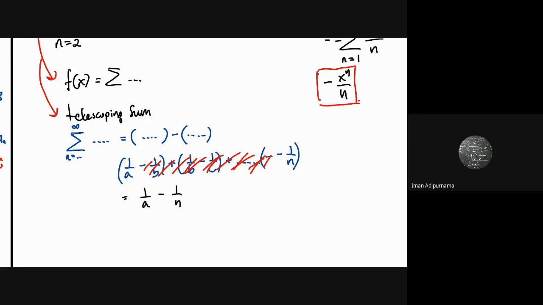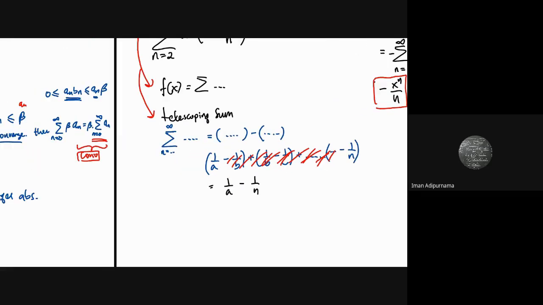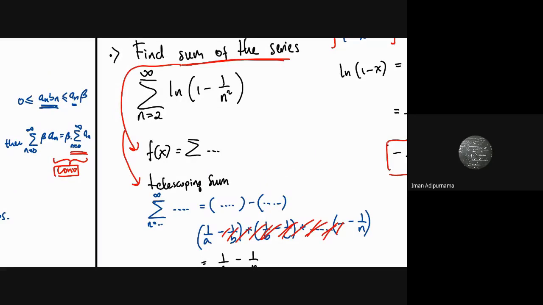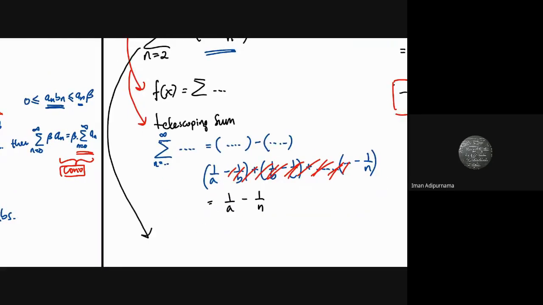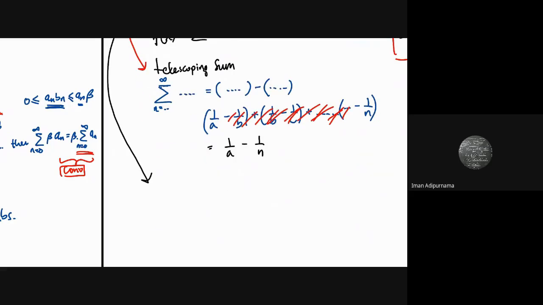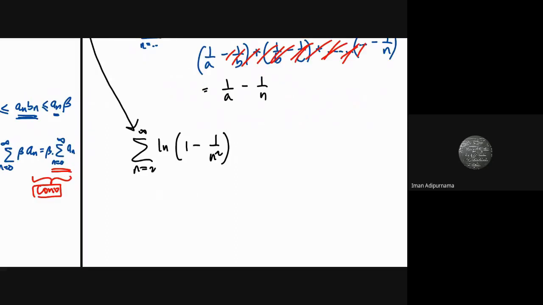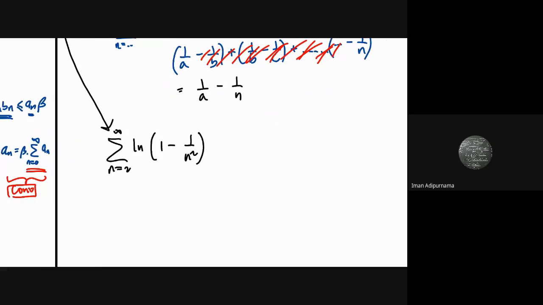Okay, so similarly, what we are going to do is just that. From here, the first thing we need to do is arrange the equations. Let me write the question one more time.